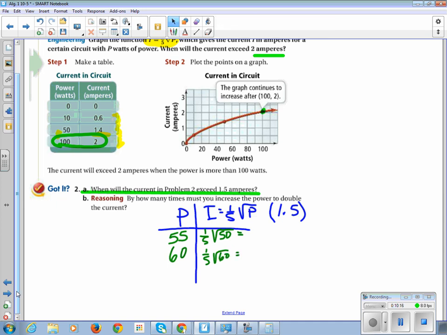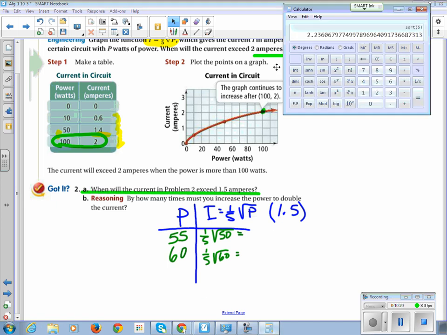All right, so let's get out our calculators. And we have the square root of 50 times 1/5. Oh, sorry, I want the square root of 55. Let's try that one.